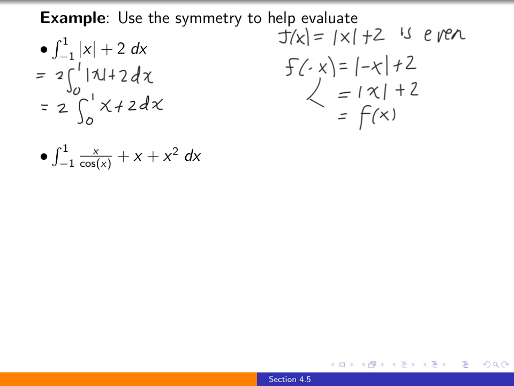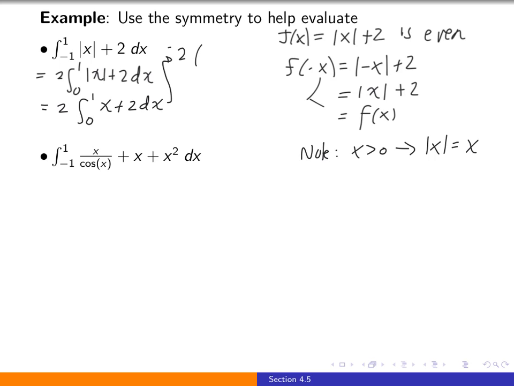And the big reason here is because, just note, if x is positive, this implies that the absolute value of x is simply x. So now we evaluate with the fundamental theorem of calculus.